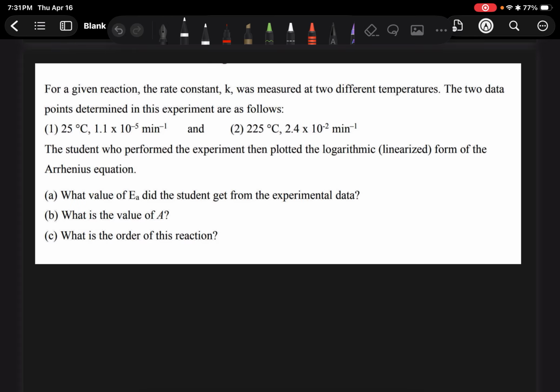What is the value of A? What even is the value of A though? What is the order of this reaction? What are we even trying to solve for A?